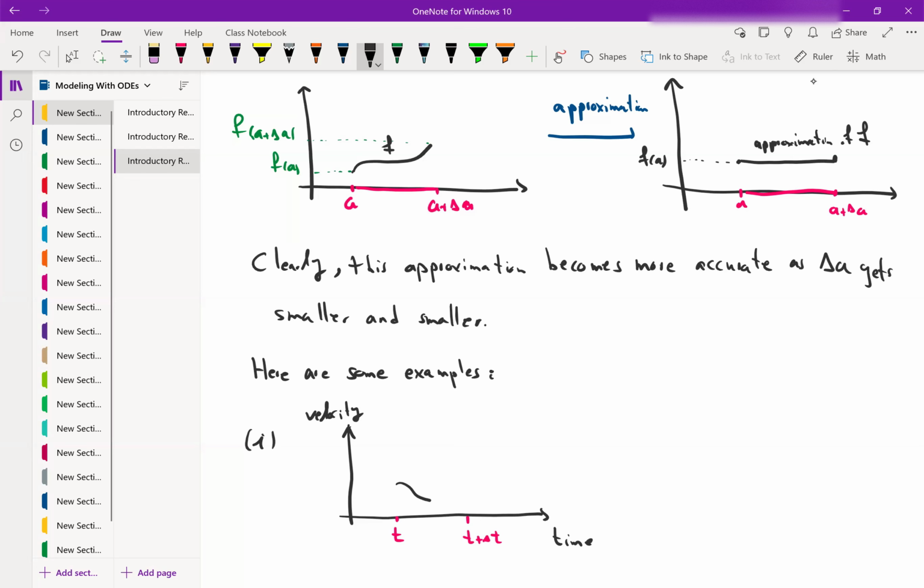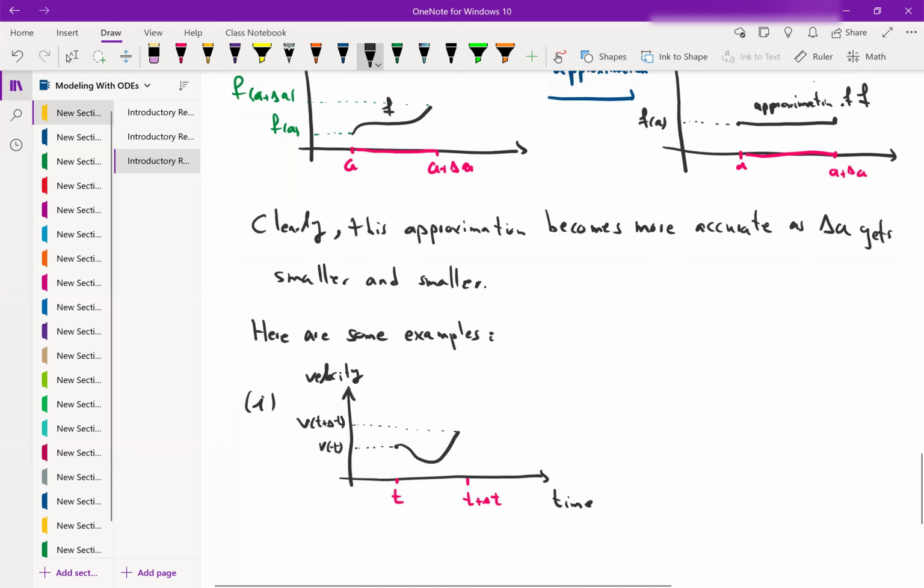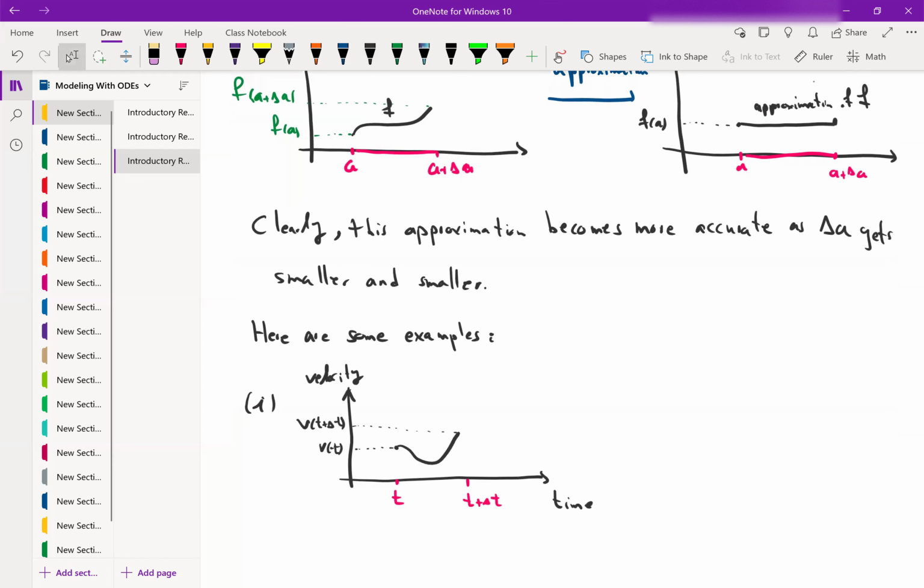This is the profile of your velocity, so this is v at t, and that will be v at t plus delta t. And someone asks you to find the displacement during this time from t to t plus delta t.